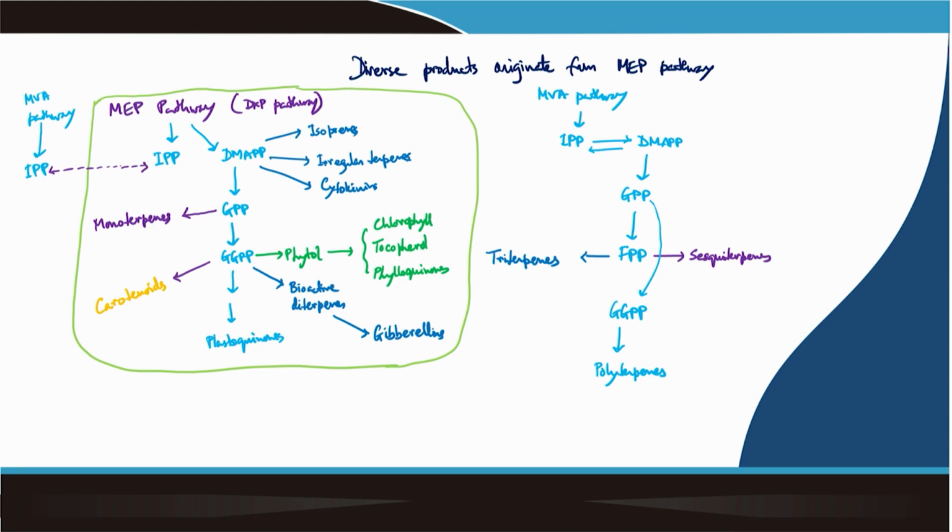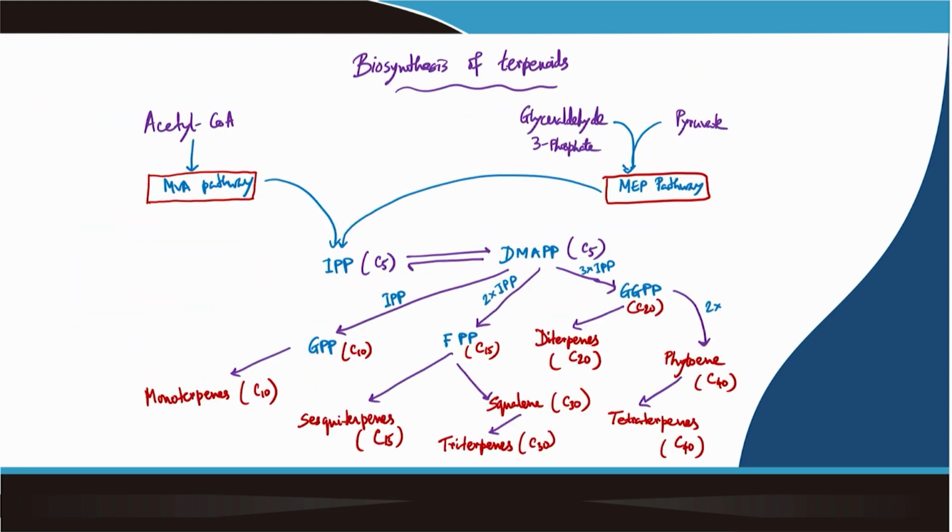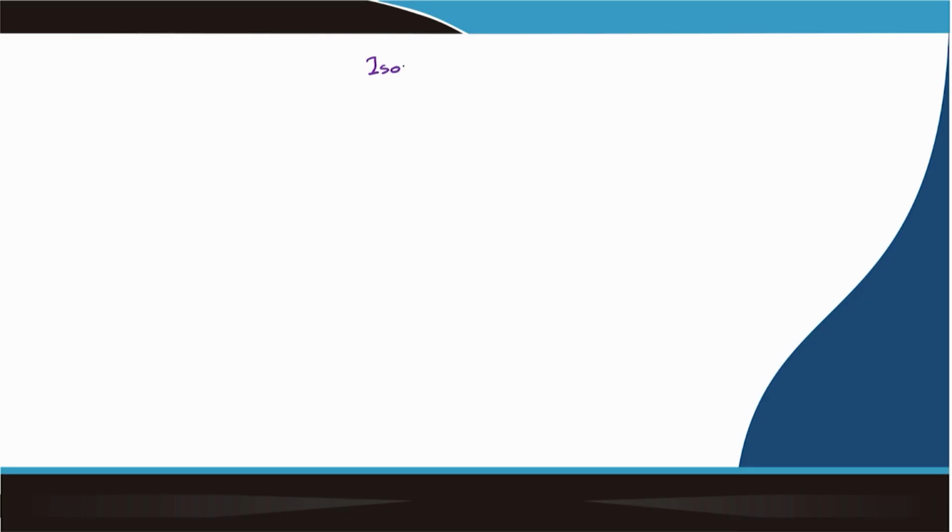Now, let us go to the concept of isoprenoids. Isoprenoids are 5 carbon molecules.